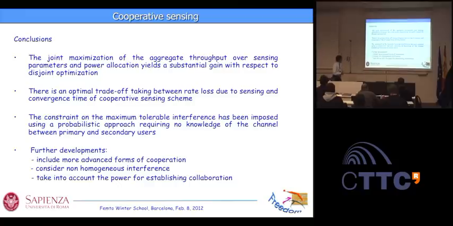As a further development, we should include more advanced forms of cooperation rather than just consensus, as I mentioned before. We should consider non-homogeneous interference, and we should also take into account more explicitly the power necessary to establish the link for cooperation. So one should consider a global power, covering the power for cooperation and the power for transmission. Under this global parameter, one should probably get the optimal values.